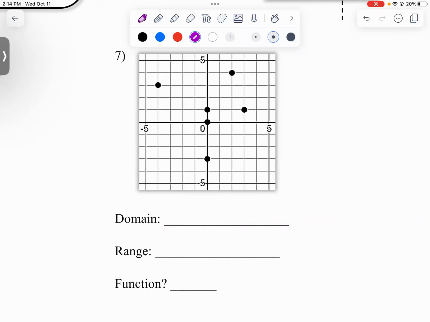Okay, Gabe, what's our domain? -4, 0, 2, 3. Awesome. Hold up. Wow. He was trying to copy the answer. Allison, range?